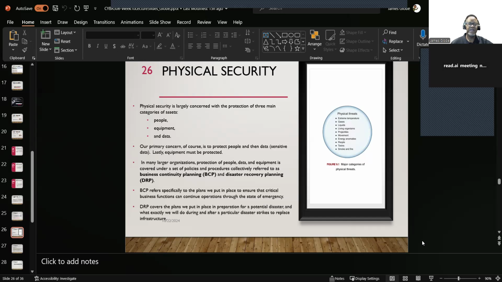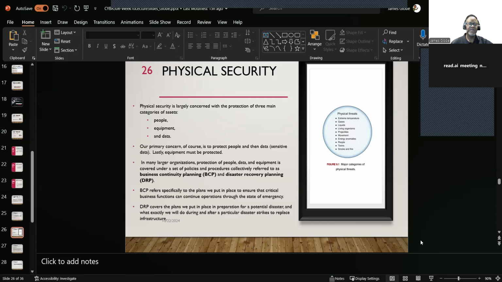Then having something like a business continuity plan and disaster recovery plan is also important. The business continuity plan refers specifically to those plans we put in place to ensure that critical business functions, which are people, equipment, and data, can be continued in an operational manner through a state of emergency, whatever that state of emergency is.